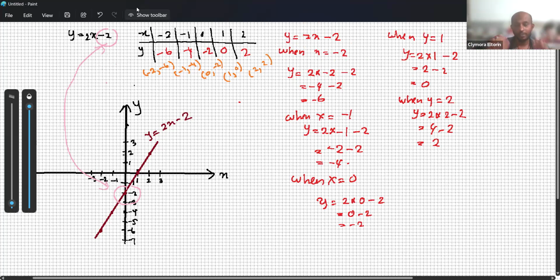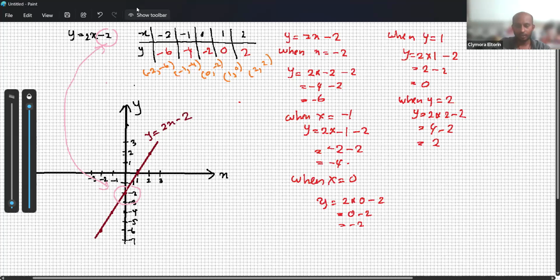What's the intercept? The intercept is the point where the graph intercepts the y-axis. It's clear? Okay, the second example. And then the third one, I wish to do.